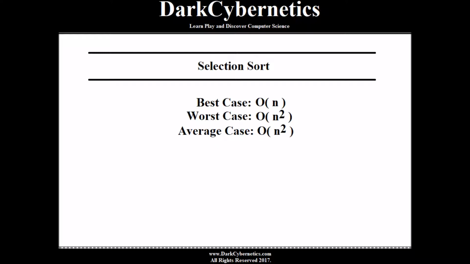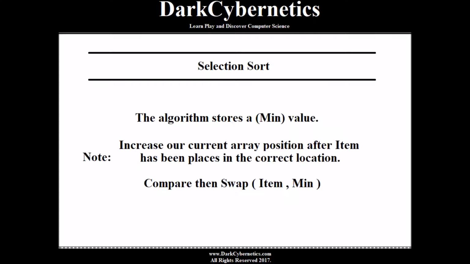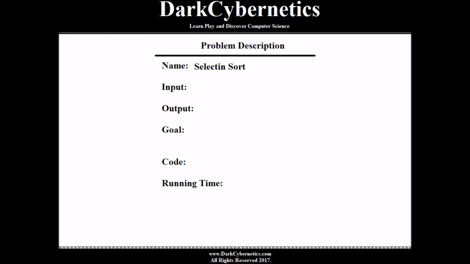In the problem description for the selection sort algorithm, we need to write a name for this algorithm, the legal input, output, and goal for our algorithm. When we describe the algorithm, it stores a minimum value.